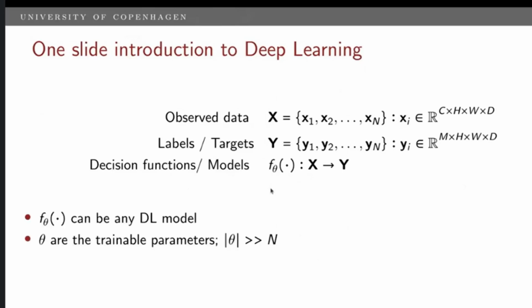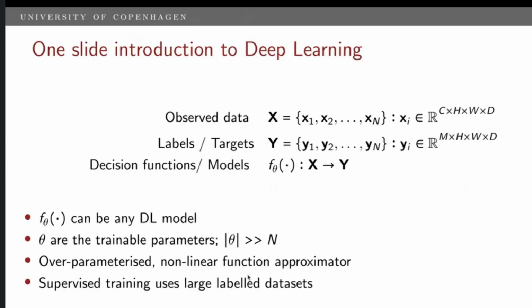How do we train these neural networks? They are trained using large labeled data sets, and in the GPT-3 case it's using a lot of self-supervision, but they use what is called gradient descent-based optimization schemes.